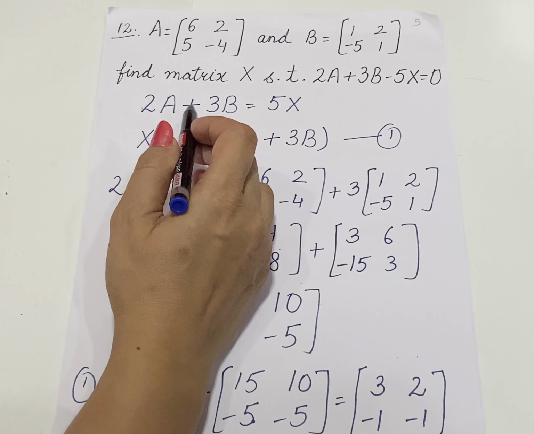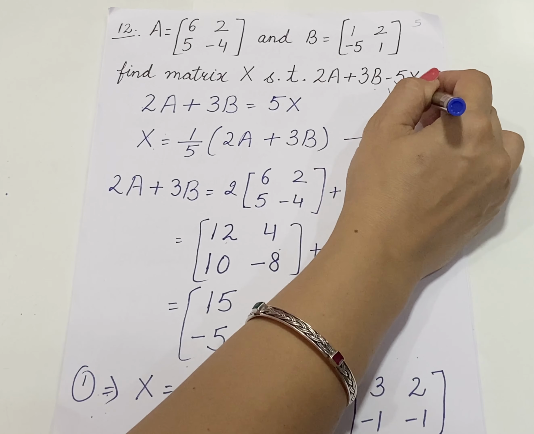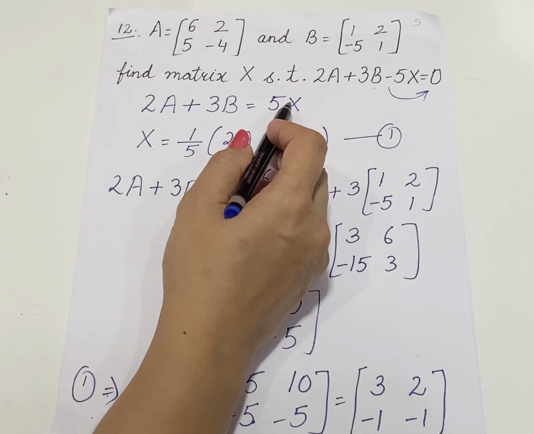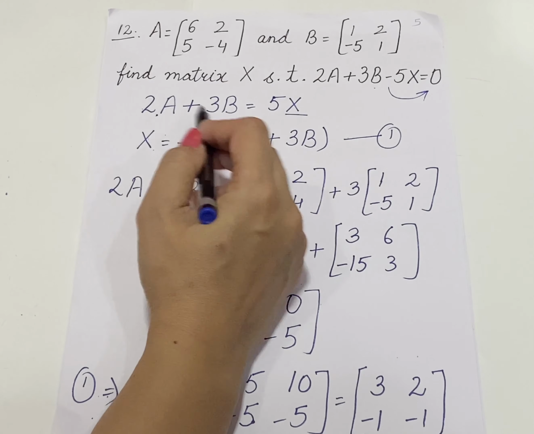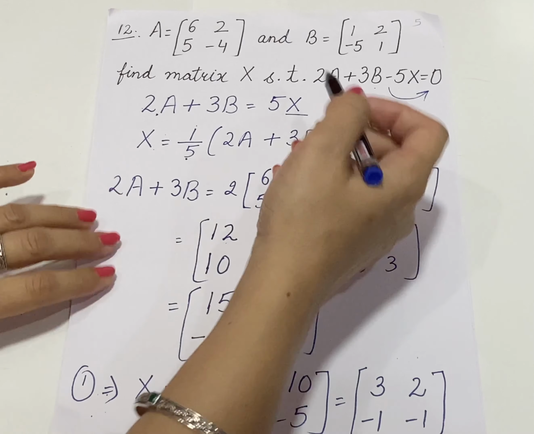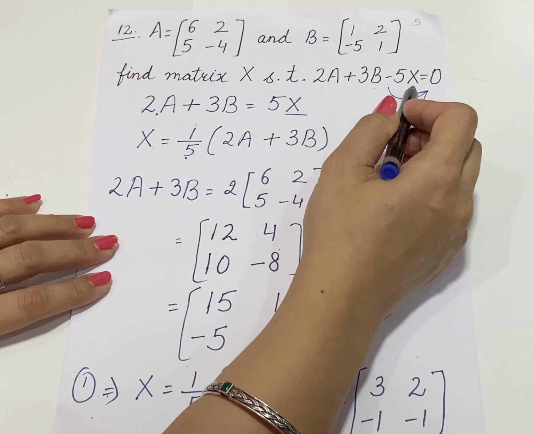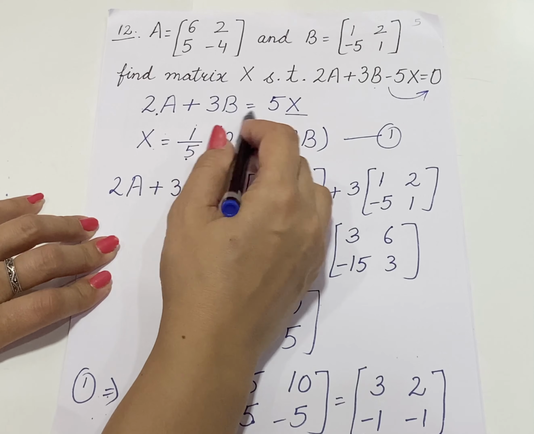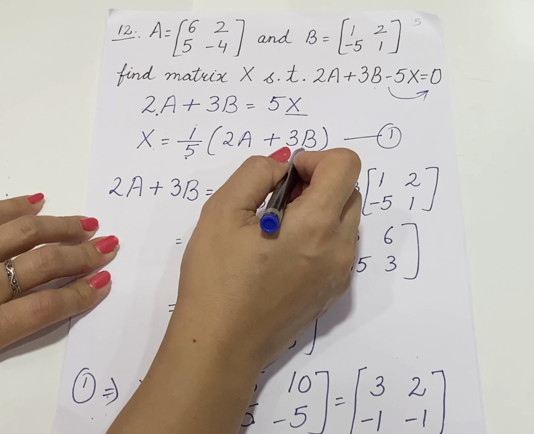When you take 5X to the right hand side, it will become positive 5X, so 2A plus 3B equal to 5X. So matrix X will be equal to 1 upon 5 of 2A plus 3B.